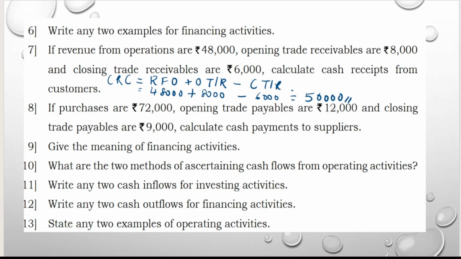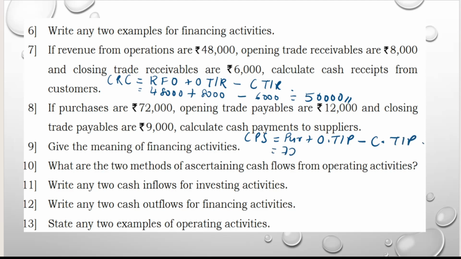Next question. If purchases are 72,000, opening trade payables are 12,000 and closing trade payables are 9,000, calculate cash payment to suppliers. Cash payment to suppliers equals purchases plus opening trade payables minus closing trade payables.